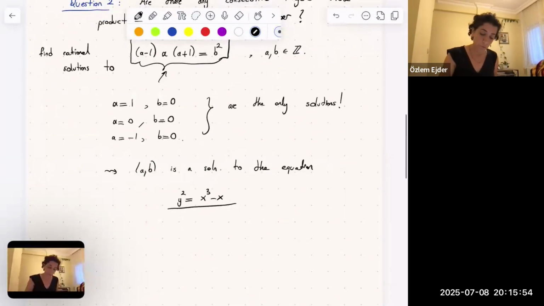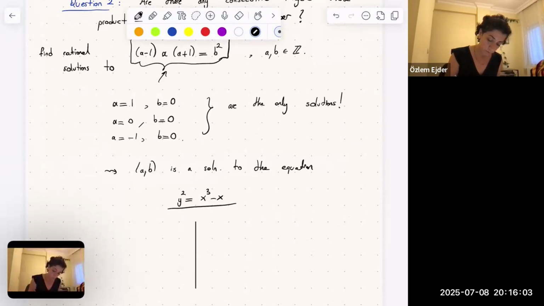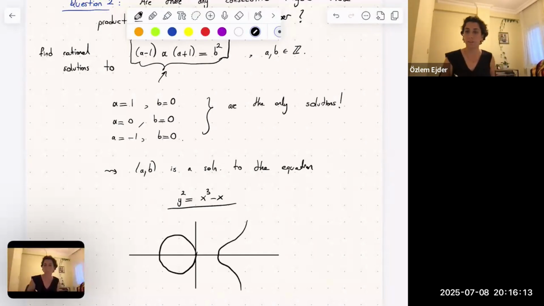If you think of this as a curve, or if you look at the graph of this over the real numbers, then you get something like this. You have a circle here. So you get a curve like this, and you can also think of this (a, b) as a point on this curve.